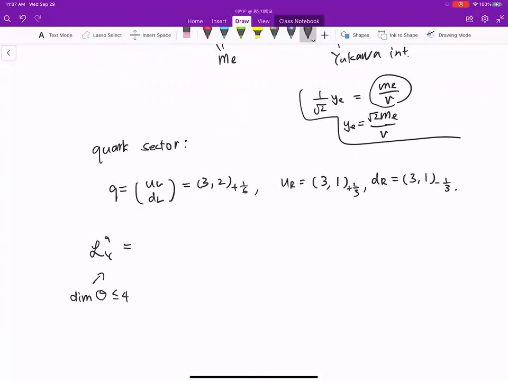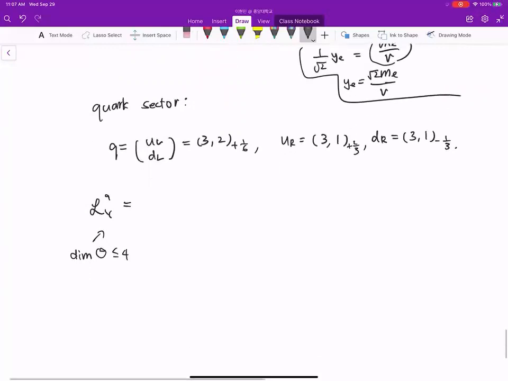Because of this constraint of renormalizability, super-renormalizable, renormalizable, or relevant and marginal operators, this is the most general Lagrangian you can think of.